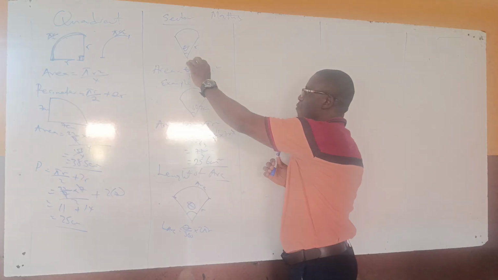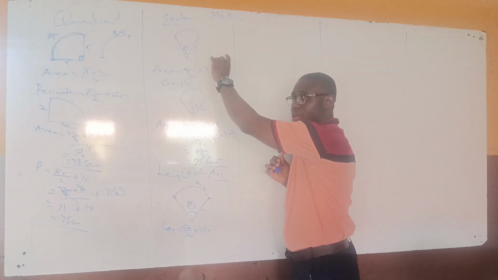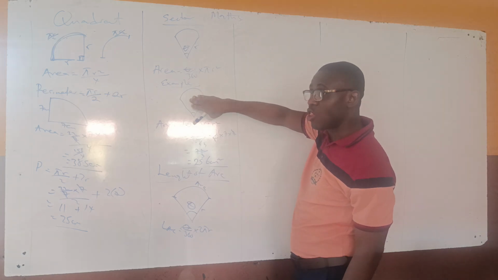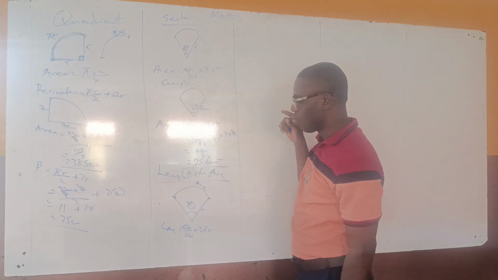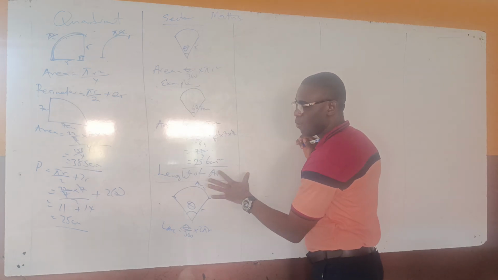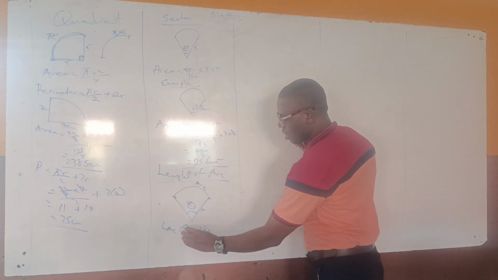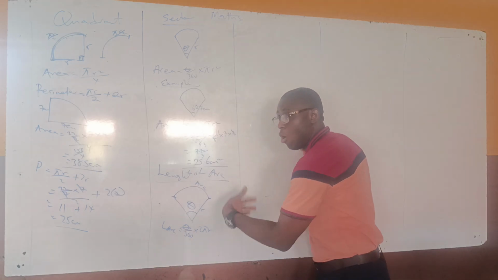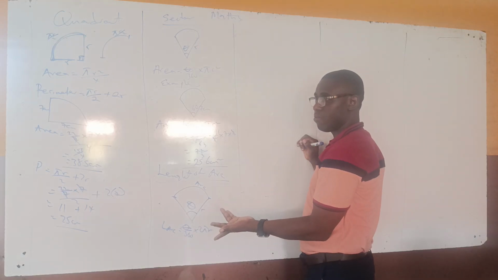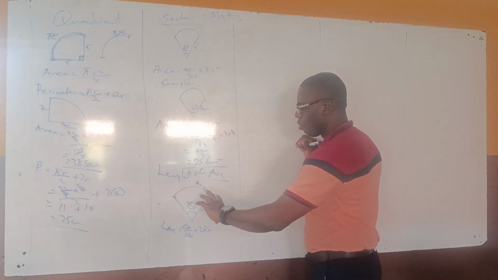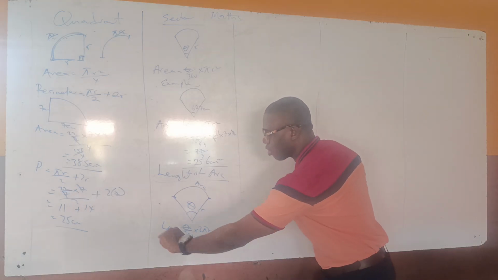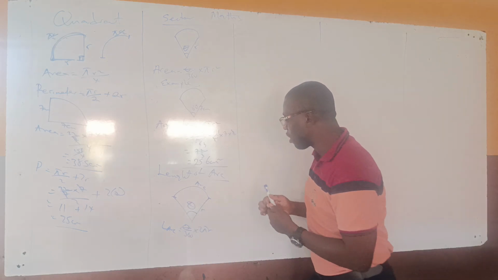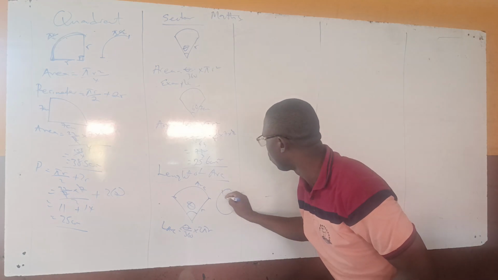So this was a fraction of the area of the circle. Are you there? Because this area is part of the area of the circle. Now here we are finding length of arc, and this angle gives you what? The fraction of the circumference. So length of arc is part of the what? The circumference, not an area. It's part of the length of the circle.